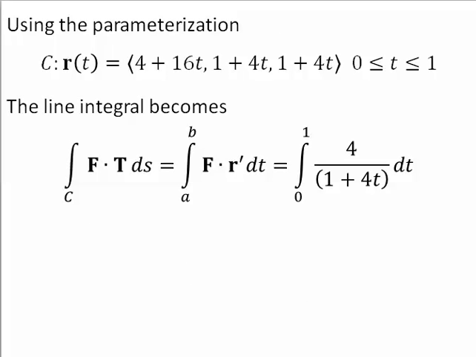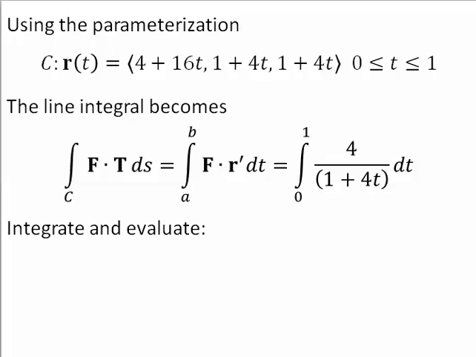All right, using the parameterization, the line integral becomes this definite integral of 4 over 1 plus 4t, where t runs from 0 to 1. Now we need to integrate this. Notice that to integrate this, this is just a log integral. If I have u equals 1 plus 4t, du is just 4 dt.